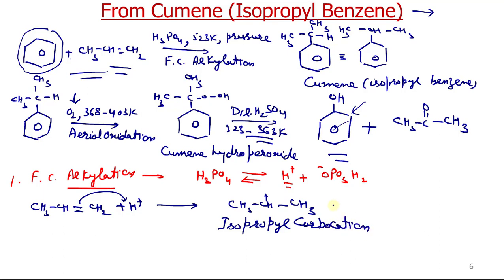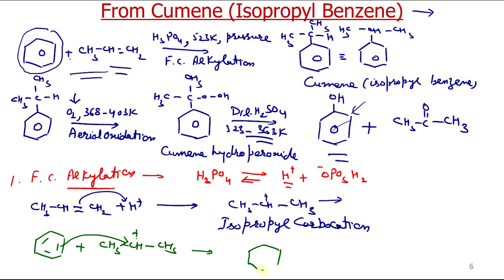Now this carbocation which is generated will attack your benzene in the next step. So basically you get a Wheland intermediate which is resonance stabilized. I will just write the resonance stabilized intermediate. This is also called the Wheland intermediate.